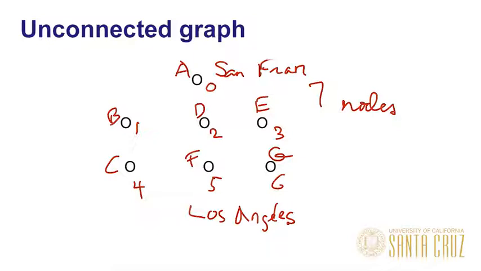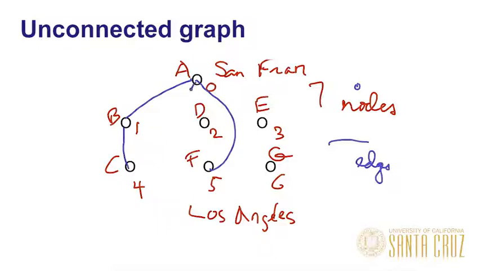Now, here's what we're going to show as a connected graph. I have left the same labeling, and now I'm going to add what are called edges. These blue lines are what we call edges. The little circles are nodes, the little blue lines are edges. When you think of edges, think of roads. So here's a road from San Francisco going to Los Angeles. For us who are Californians, that might be 101.